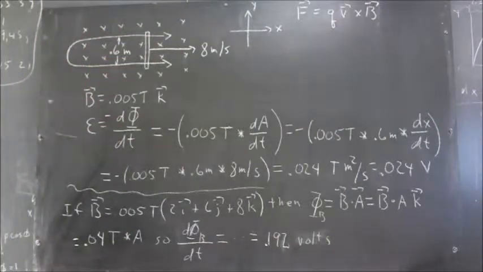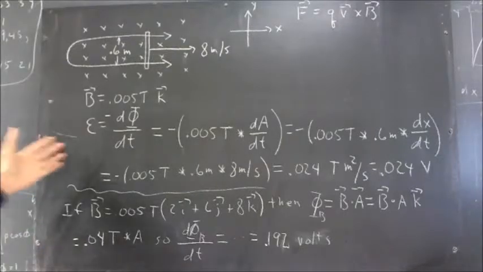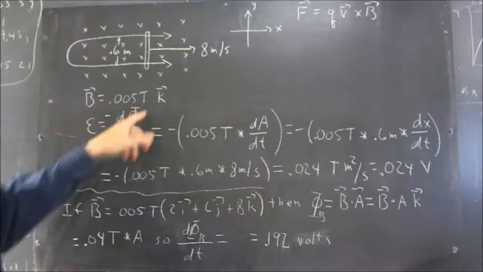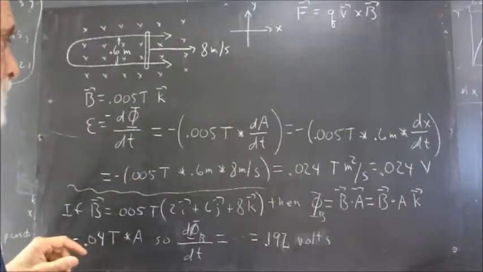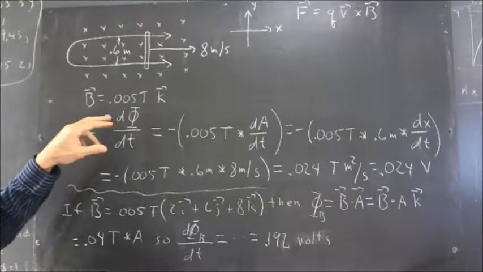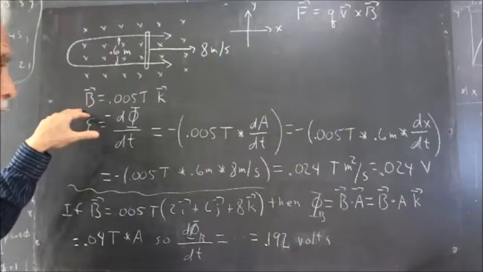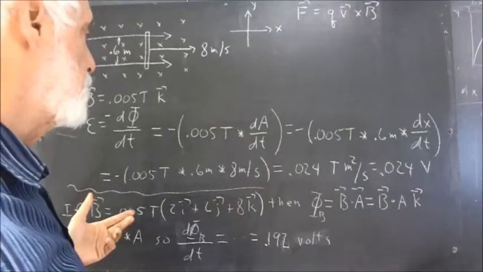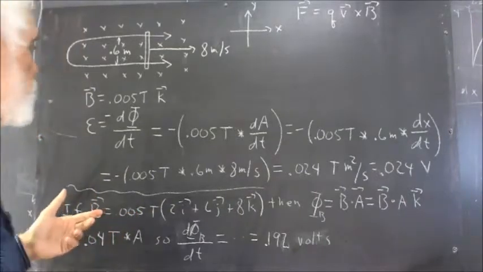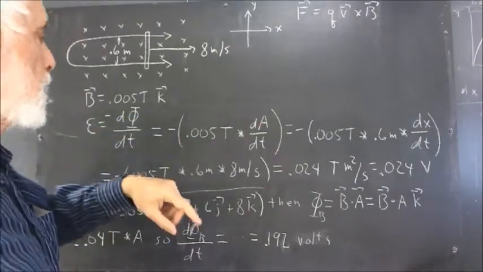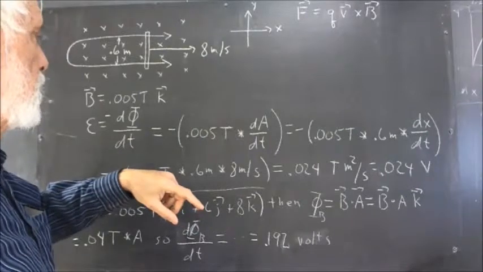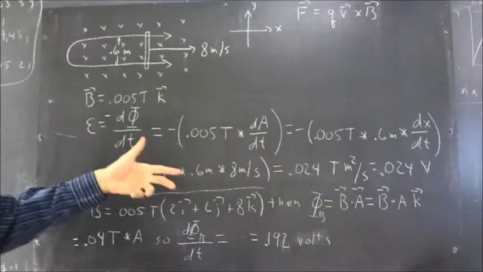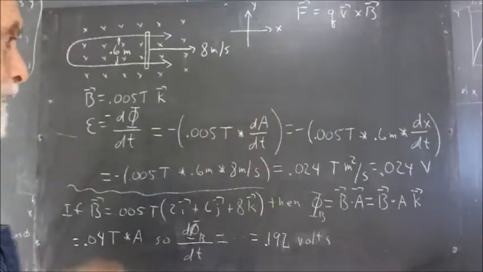Now, let's see what we get if we calculate this in terms of the information that we have. Negative d phi dt. The magnetic field is 0.005 Tesla, and that isn't changing. The derivative, therefore, is the derivative of the area with respect to time.